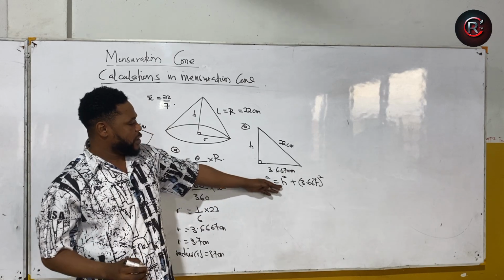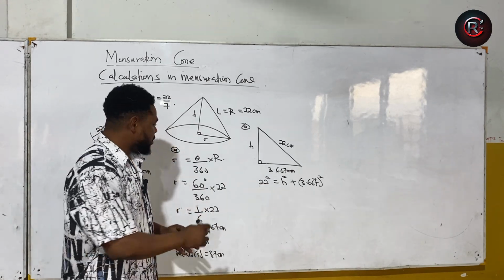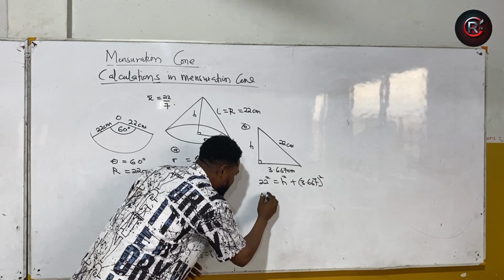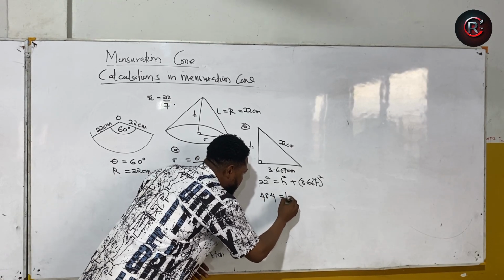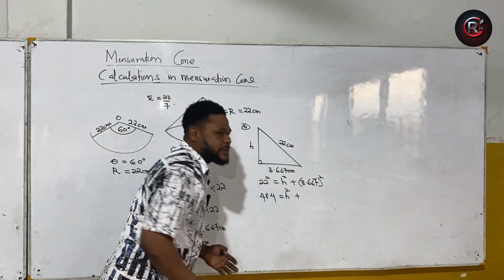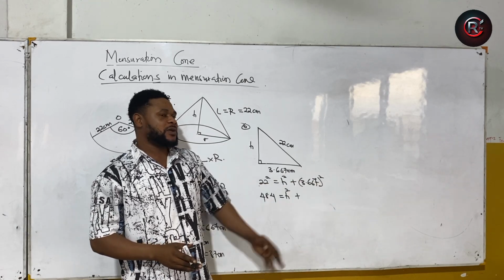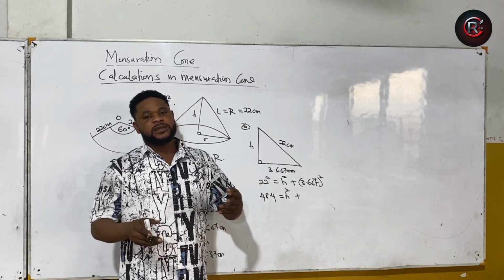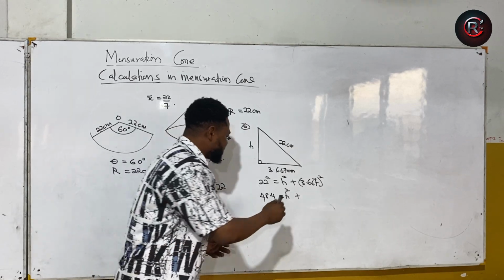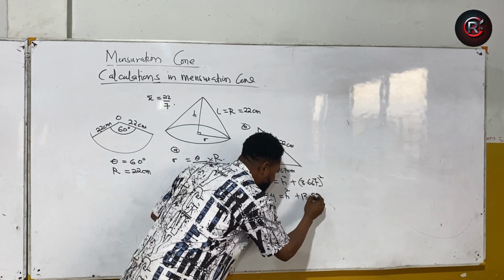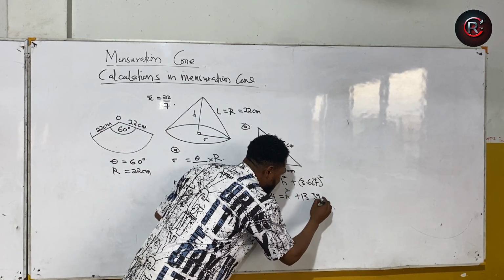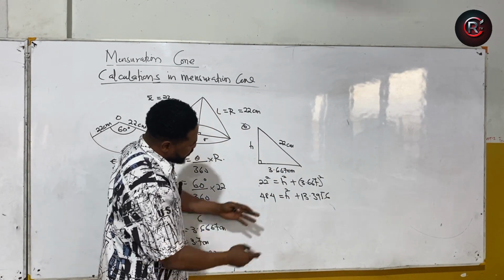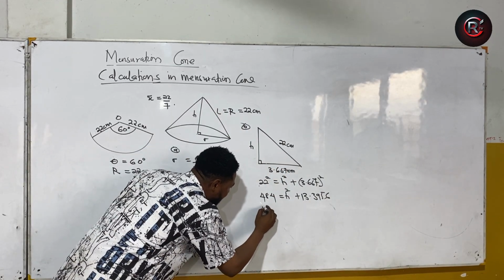So we break this down. 22 squared gives us 484, h squared plus, when we type this on the calculator to 4 decimal places, 13.3956. So we group all our numbers at one side.